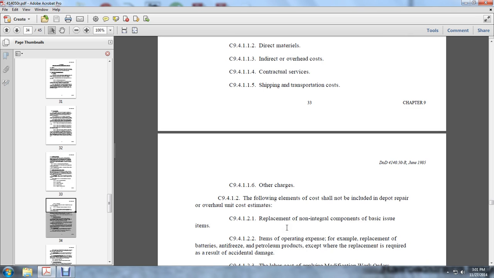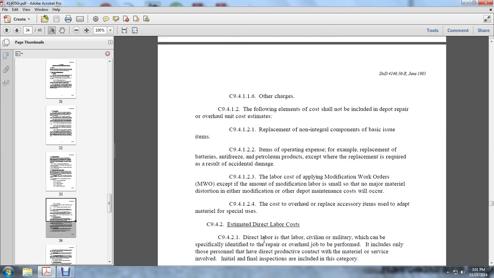The following estimated costs shall be included: the depot repair of an overhaul unit cost estimate, replacement of the non-integral components of the basic issue items, items of operating expense, for example replacement batteries, antifreeze, petroleum products, except where the replacement is required as a result of accident; the labor cost of applying modification work orders, the MWOs, except where the modification is a small non-material item; and the cost of an overhaul, replacement, accessories, and items used to adapt the materiel for special use.